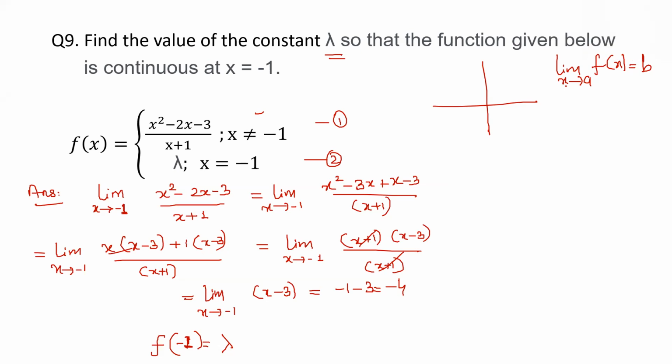And how 2x minus 3 became 3x plus x minus 3. What is the issue? We have factorized this quadratic equation by splitting the middle term. Okay, sir. Okay, so please note down this.